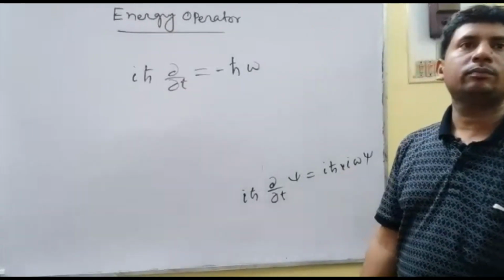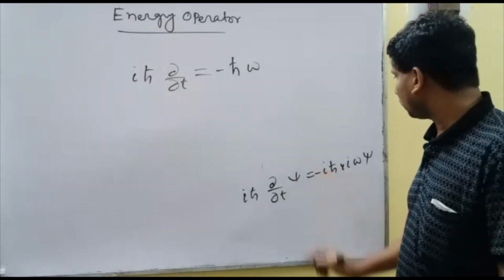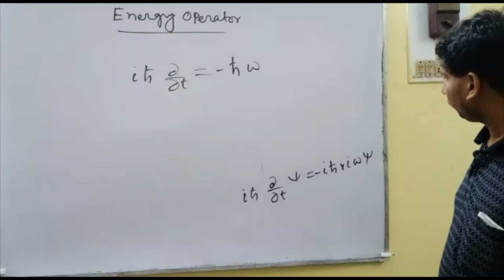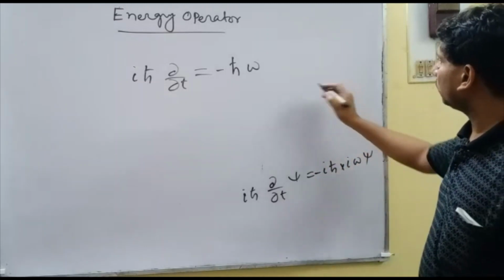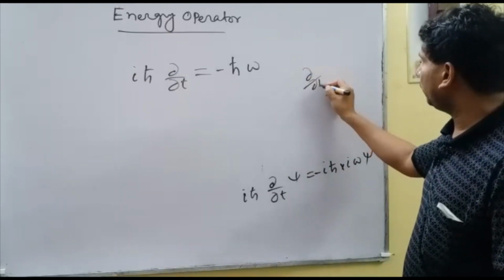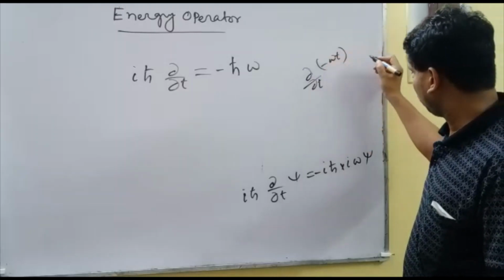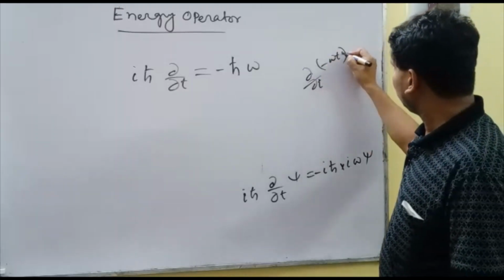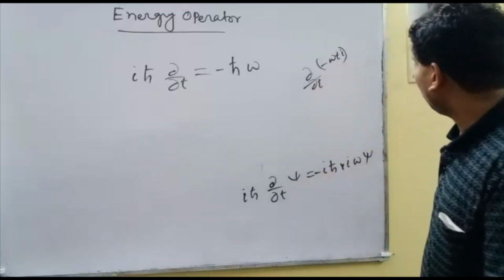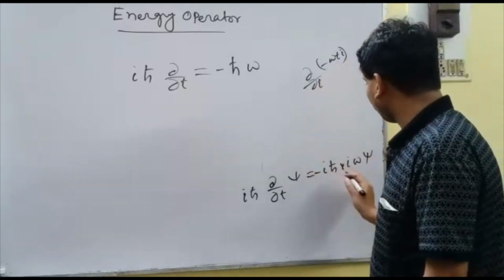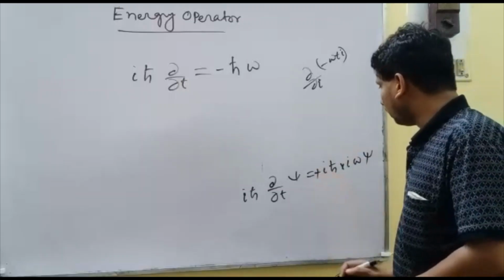Then what happened? There was a minus: del t of minus omega t gives minus omega i, and another minus makes it plus.